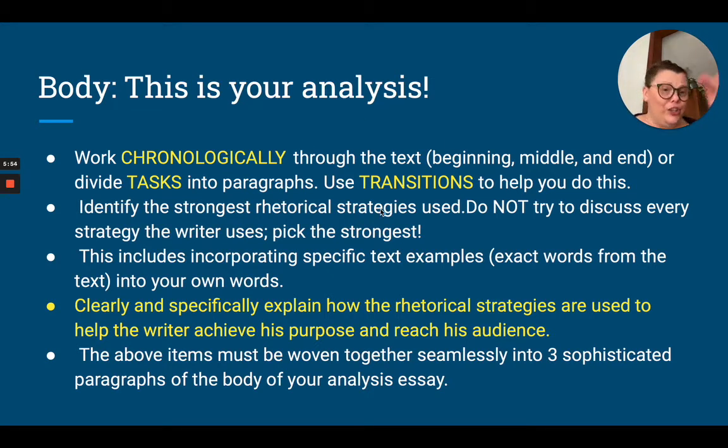Use transitions to help you go between the paragraphs. Identify the strongest rhetorical strategies used. Do not try to discuss every strategy the writer uses. Pick the strongest ones, okay? Appeals, diction, so the word choices, those are the things that really set the tone.